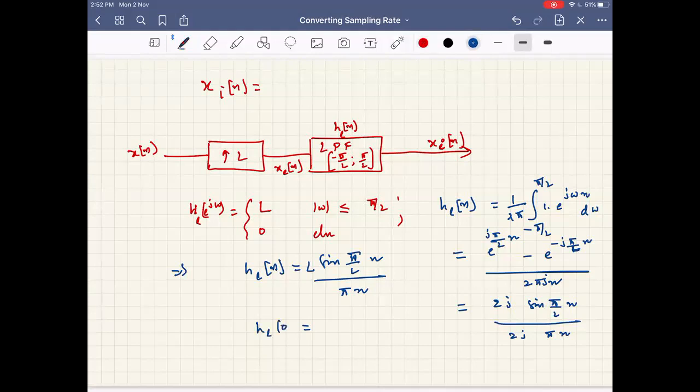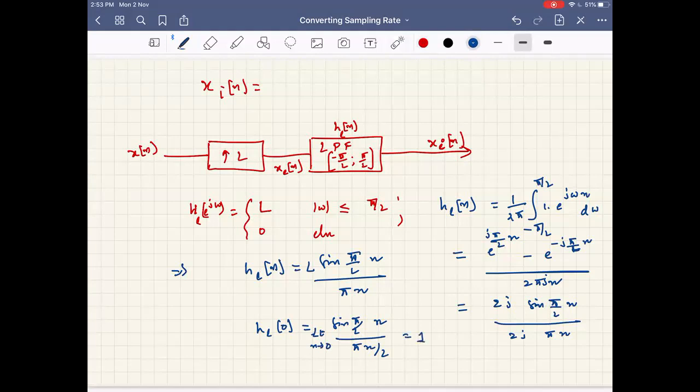HL of 0: now if you consider, it is sine of pi n by L over pi n by L, as n tends to 0, is equal to 1, right?